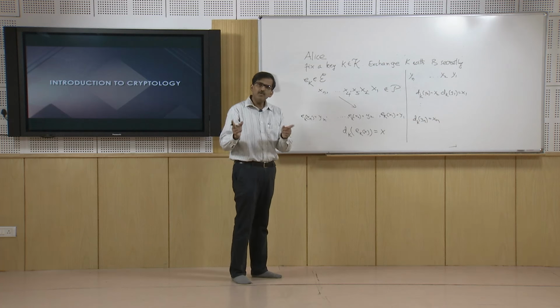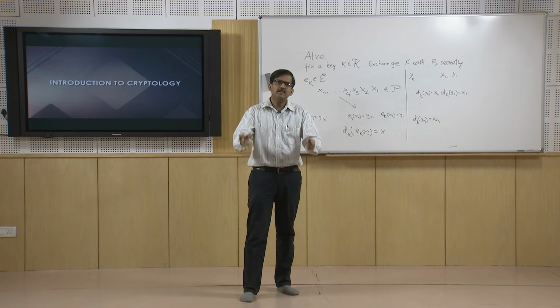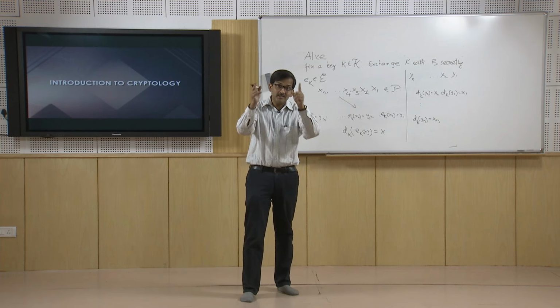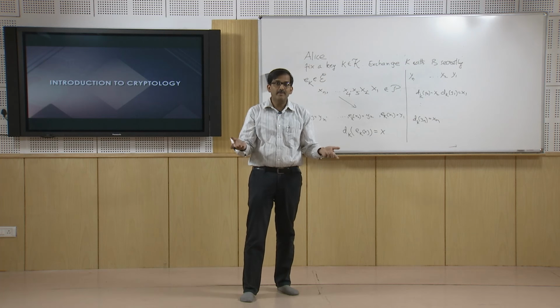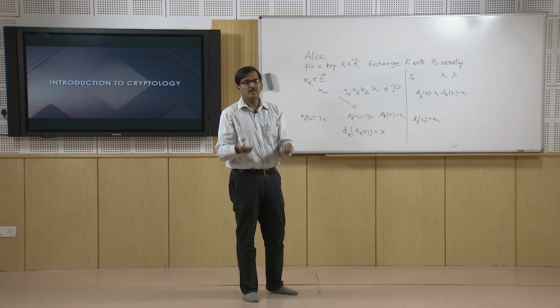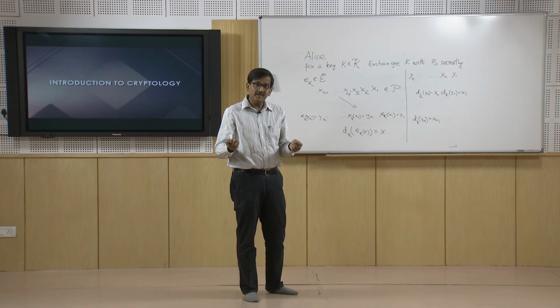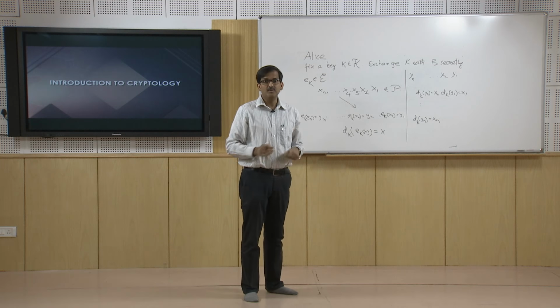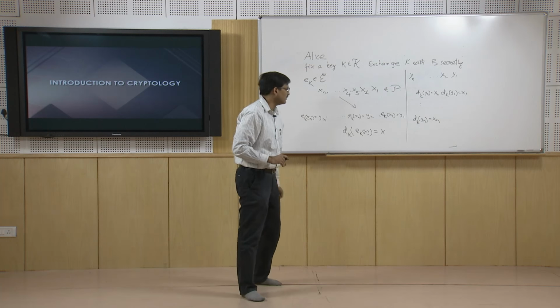That is, if you take two different plain texts, they must not map to the same ciphertext, because then the receiver will be unable to decrypt it, since two different plain text symbols are getting mapped to a single ciphertext. So, that is also something that we have to keep in mind.